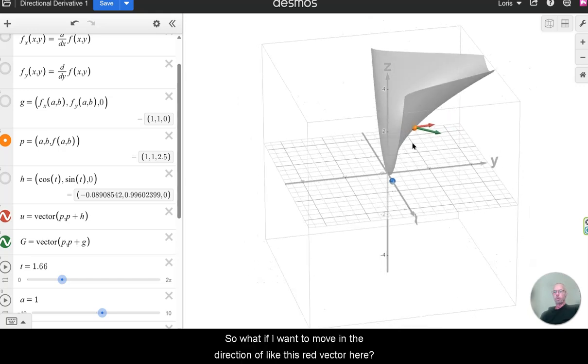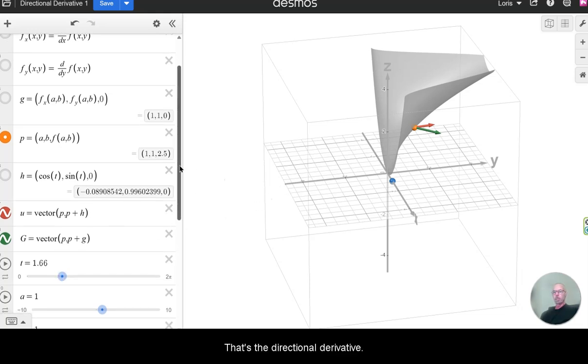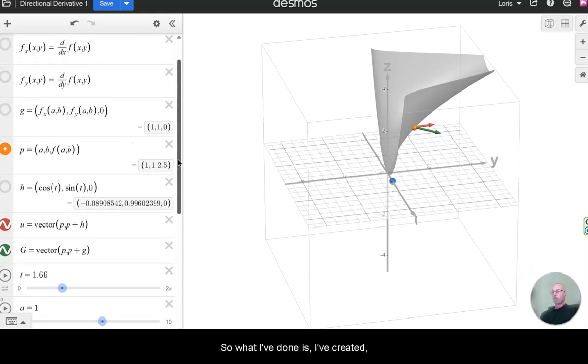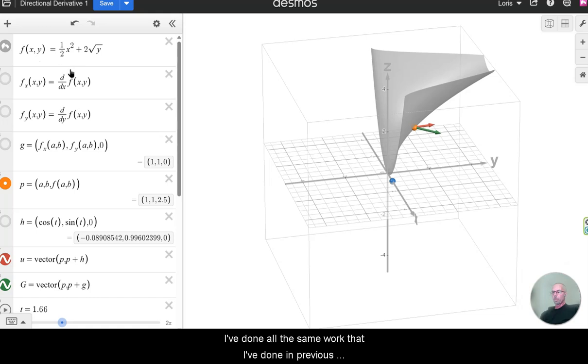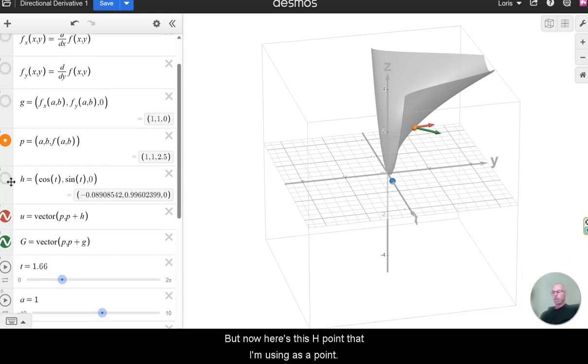So what if I want to move in the direction of this red vector here? Well, that'll give us the directional derivative. I've done all the same work that I've done in previous videos for the gradient, but now here's this H point that I'm using to help me make my unit vector.